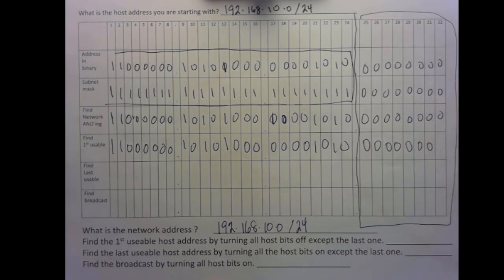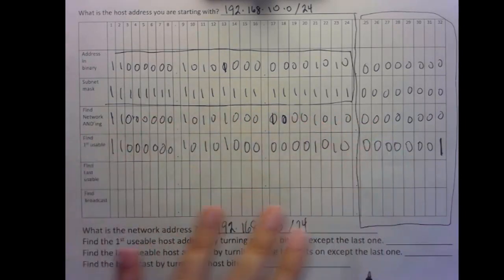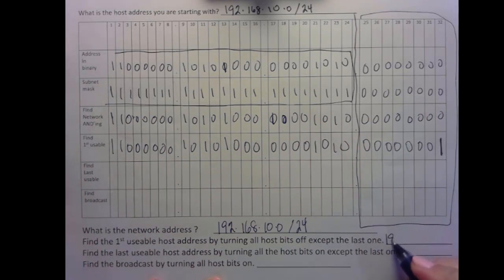So the definition of the first usable is when I leave all of the host bits off, except I turn the very last one on. Okay? So now I can easily figure out what my first usable address is. It's going to be 192.168.10.1, and it's still in the /24.